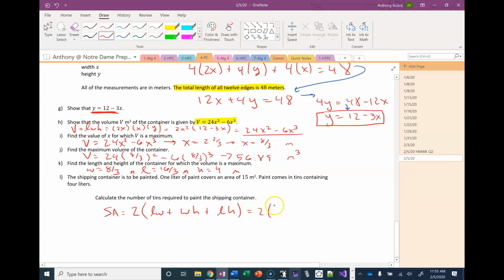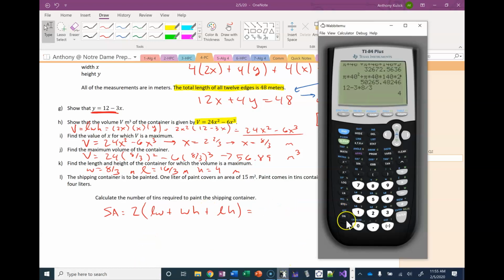So that's going to be, I'll just do it in the calculator, right? We wrote down what it is.